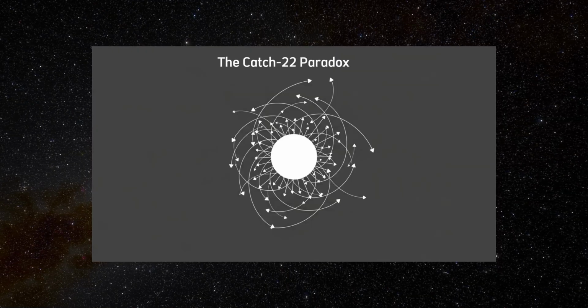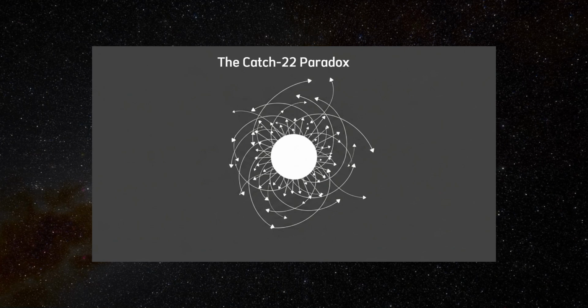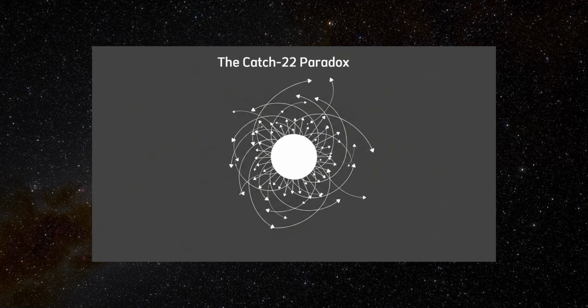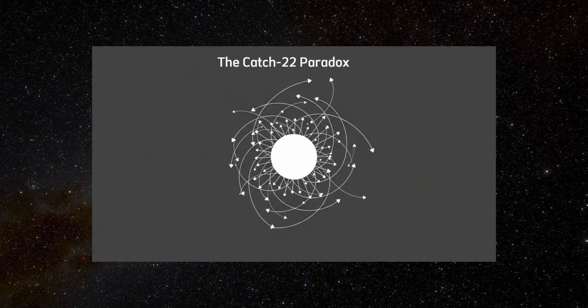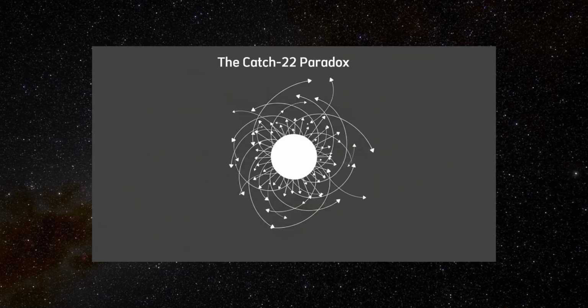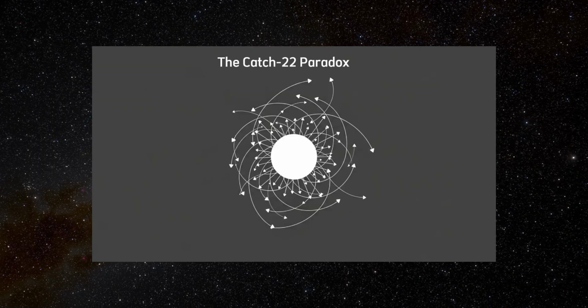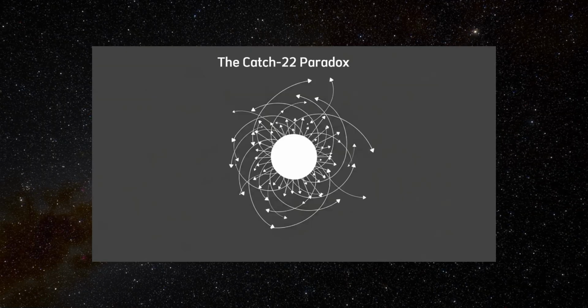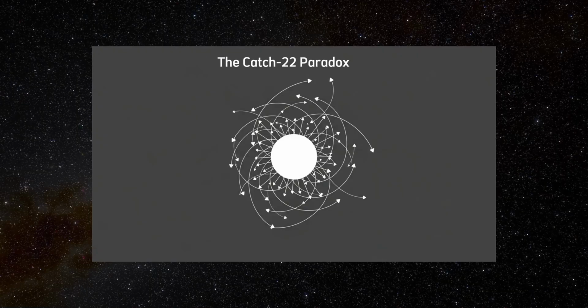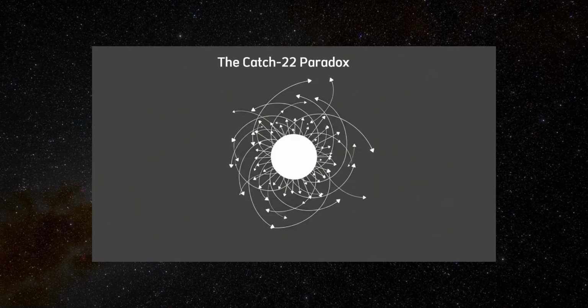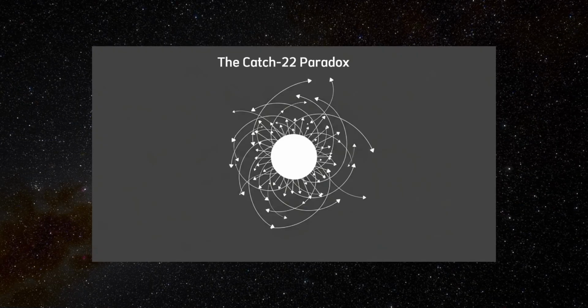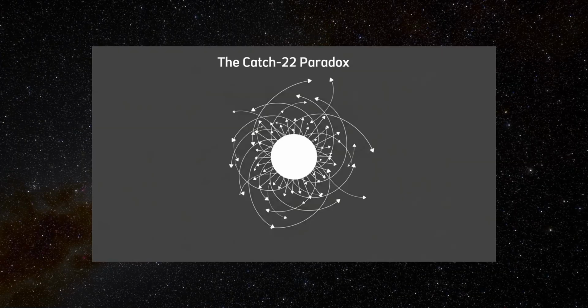Therefore, there is no way out, you're caught in a loop. This creates a closed system of logic that protects itself from contradiction by ensuring that all exits are blocked. The rules are internally consistent, but when applied to real life, they generate impossible conditions. You cannot escape because every attempt to do so proves you shouldn't be allowed to escape.